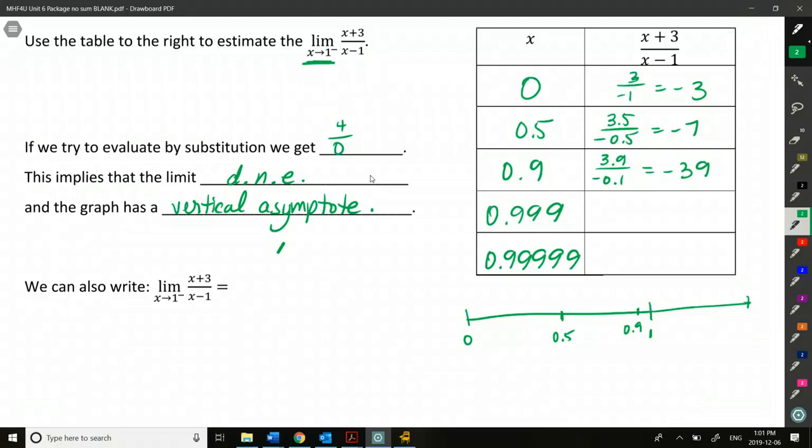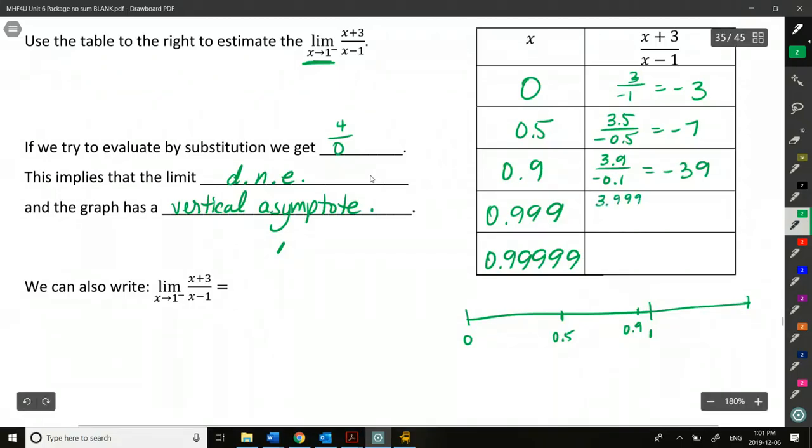Okay, 0.999 gives us 3.999 over negative 0.001. That gives us negative 3,999.